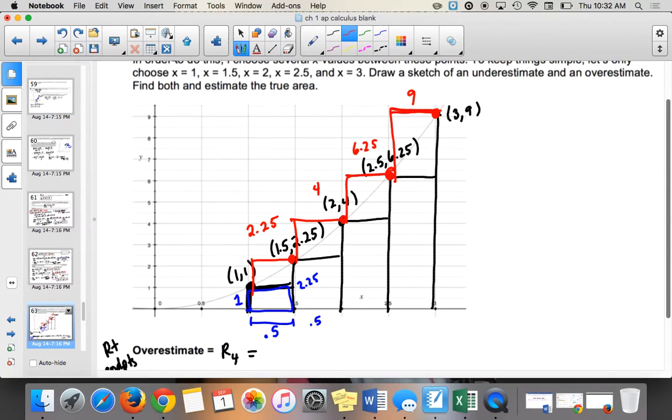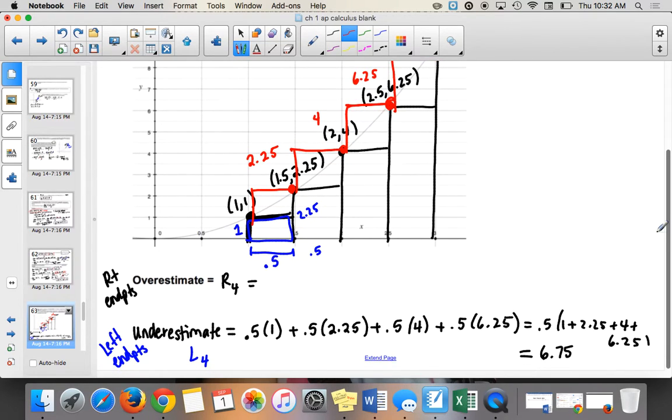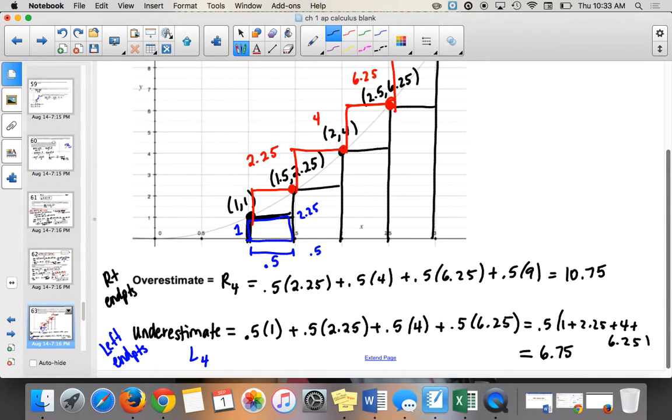What is the height that I'm not using for the right-hand one? The 1, right? It's kind of like everything gets shifted over a little bit. So I'm going to have 0.5 times 2.25, 0.5 times 4, 0.5 times 6.25, and 0.5 times 9. For this one, we end up getting 10.75.